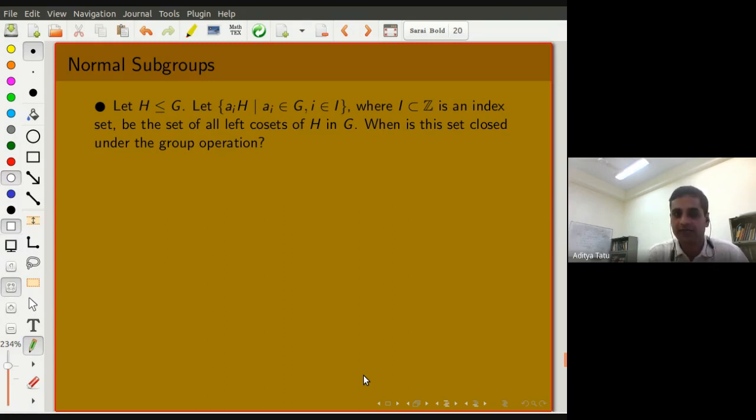Let H be some subgroup of the group G. Then I'm denoting aH as the left coset of H in G. If I multiply two left cosets, will I end up with a left coset or not? Do some of you remember that question?